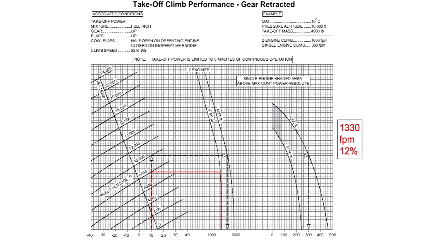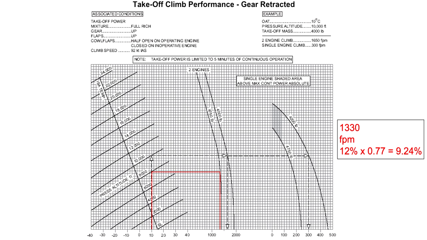JAR OPS states in the obstacle clearance compliance rules that the all-engine gradient must be factored by 0.77 to produce the net gradient. Multiplying 12% by 0.77 produces a net climb gradient of 9.24%. The gradient should also be corrected for wind by applying 50% of any headwind component and 150% of any tailwind component.